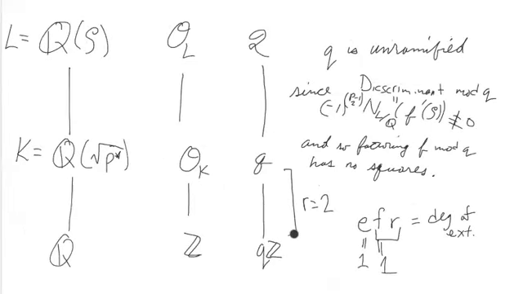Now, what we're going to be doing is looking at how Q behaves as we lift it to different primes in these different extensions. It's important to realize that Q is unramified.